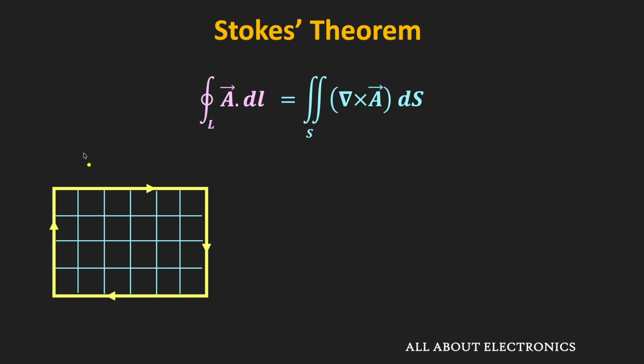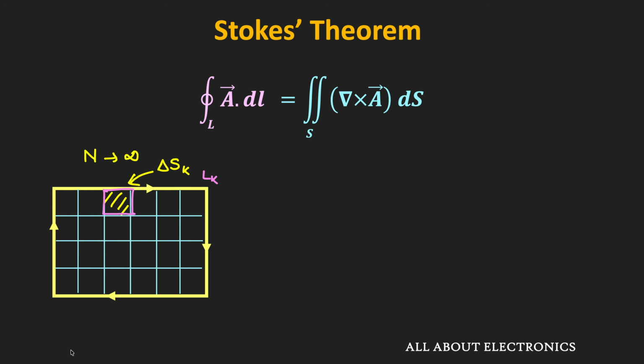As n tends to infinity, the area of each cell is also infinitesimally small, but here for simplicity it is shown a little bigger. If we take any cell K, then its surface area can be given as delta Sk, and let's say the path that bounds this surface area is Lk.